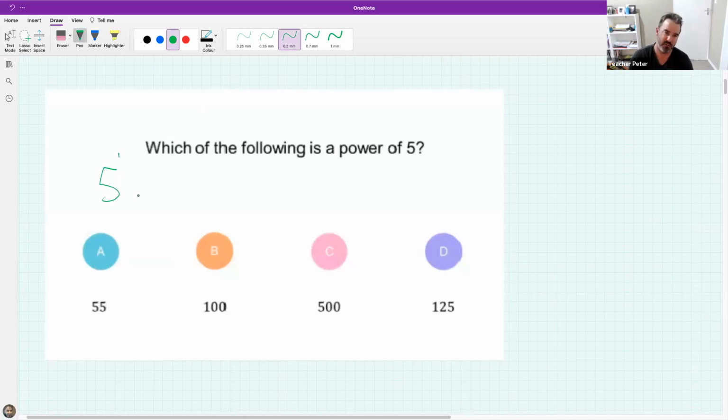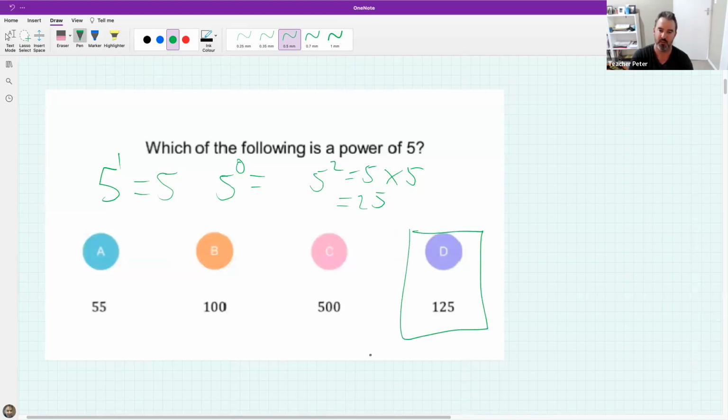I know 5 to the power of 1 is 5. 5 to the power of 0, well, that's a sneaky one. 5 to the power of 2 would be 25. And I agree with you guys. I think that D is going to be the correct option, because 125 is just 5 times 5 times 5, or 5 to the 3.